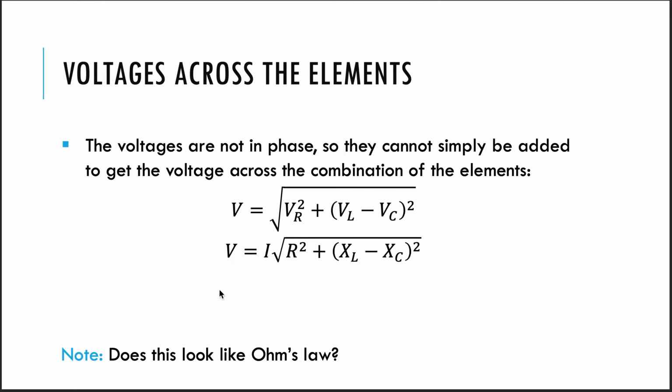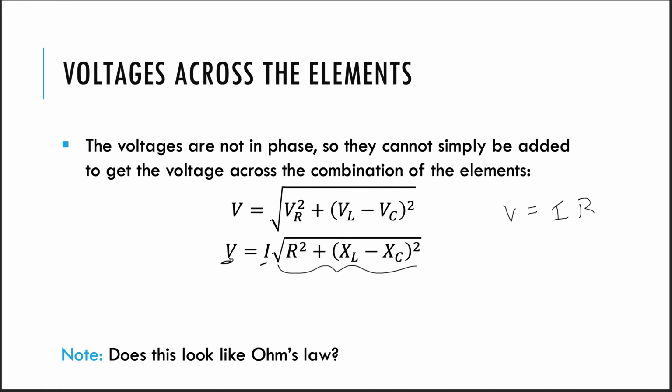And now I have a note: does this look like Ohm's law? Well, it doesn't really, but it kind of does, because you have voltage equals I times all of this. Usually we have voltage equals current times resistance, if you just have a resistor in a circuit. So if this is somehow similar to resistance, then we can see Ohm's law here.